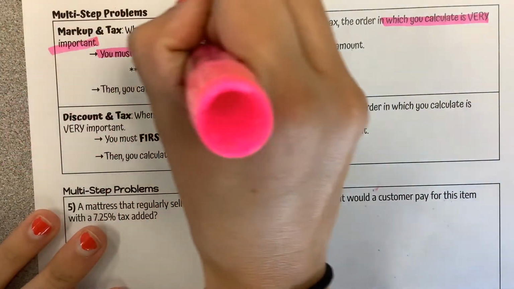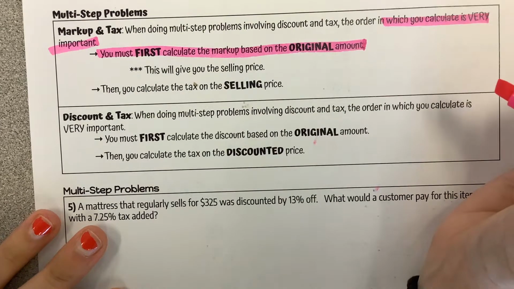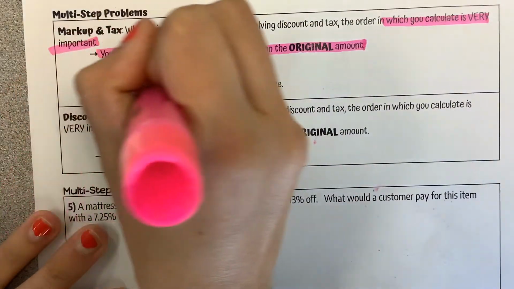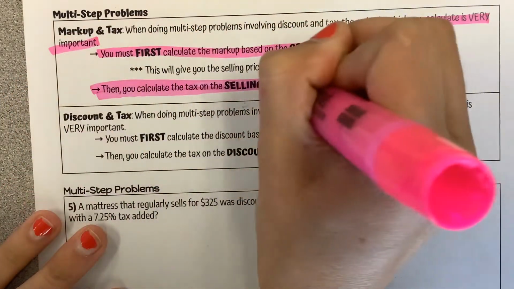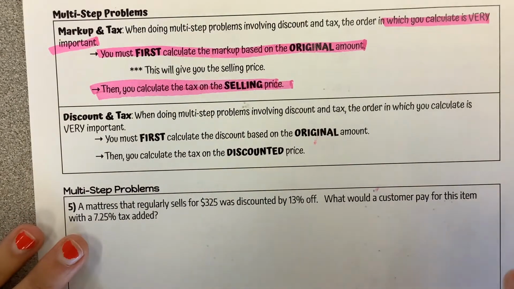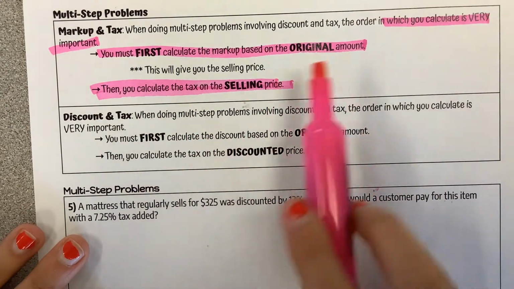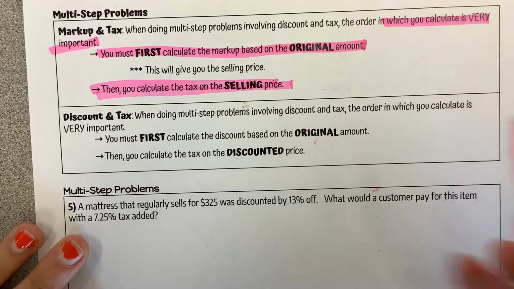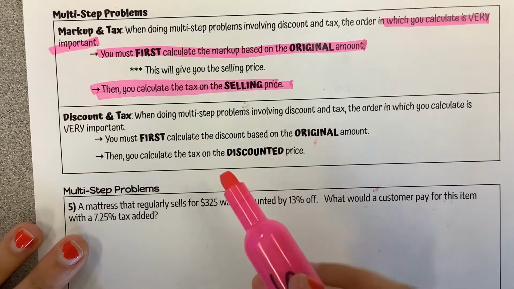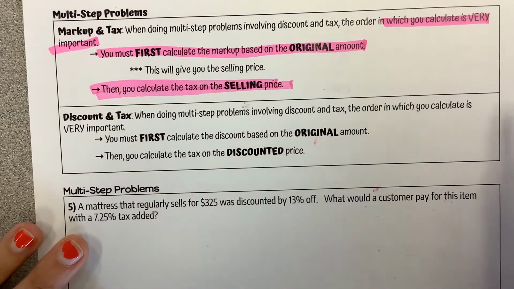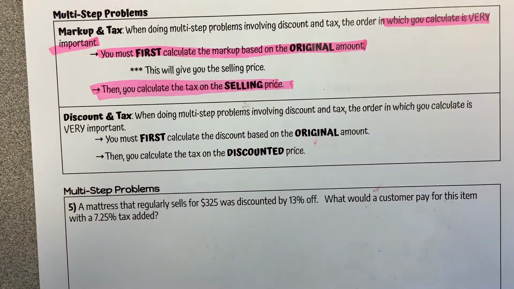You must first calculate the markup based on the original amount. Then you are calculating the tax on the sale price. It's not being taxed on the original amount, right? If something originally costs $100, but you're only paying $10 for it, you're not being taxed on 100, you're only being taxed on the 10, the new selling price, okay?